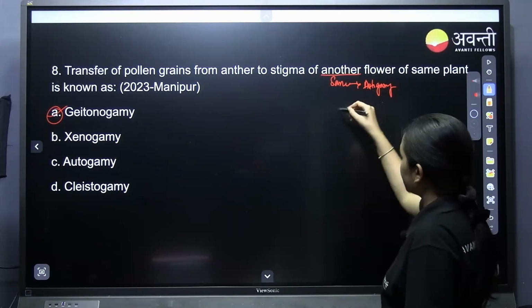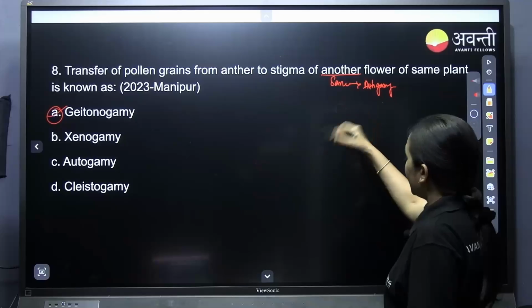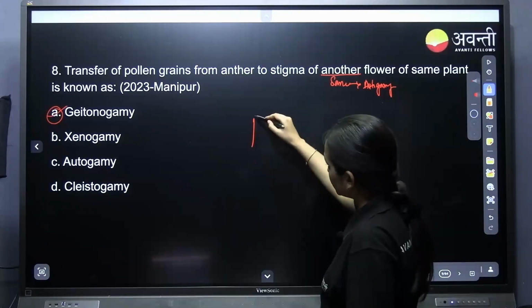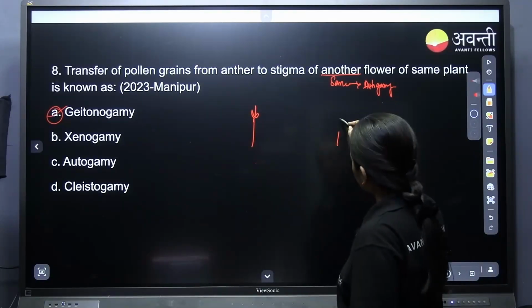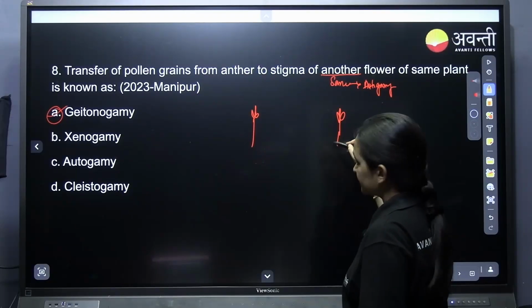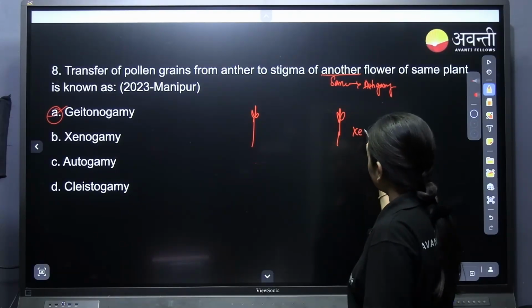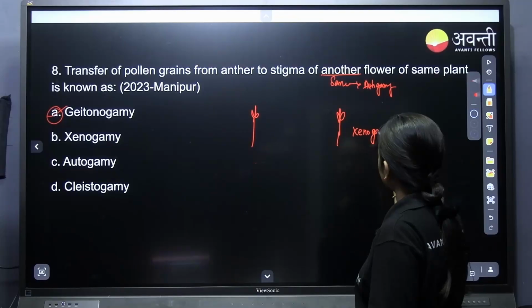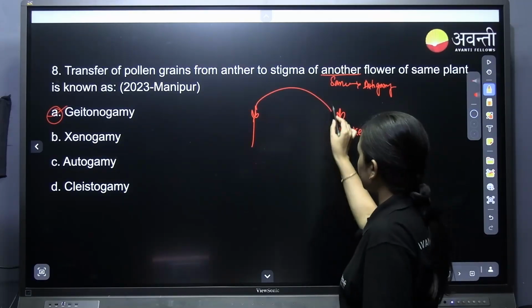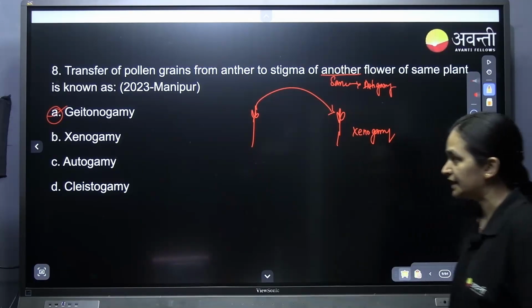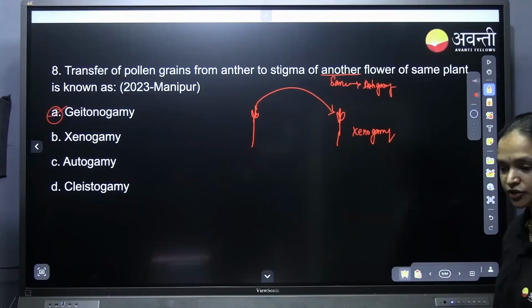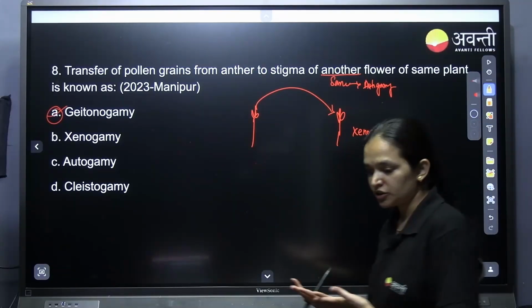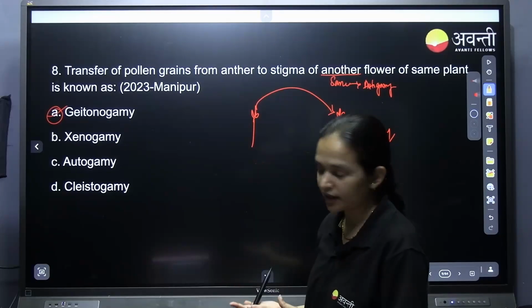Another flower of the same plant, we call it geitonogamy. From one flower of one plant to another flower of another plant, we call it xenogamy. Understood? That is three types of pollination: autogamy, geitonogamy and xenogamy.